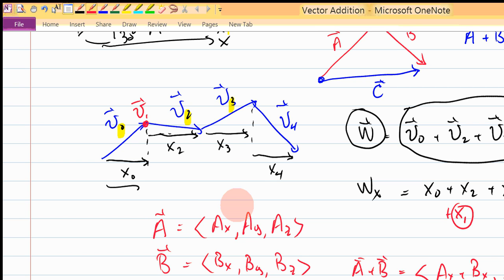Or I could draw them. Both work just fine. That is so much for vector addition. That's one of the operations that goes into the vector algebra.